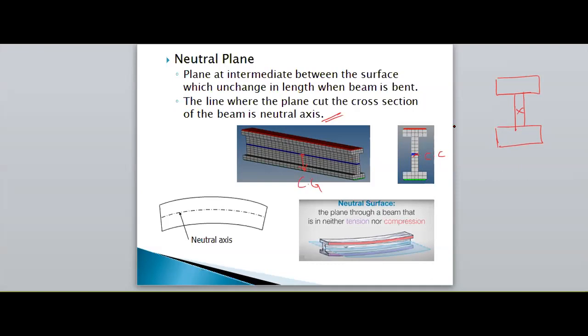So here, this side area has one centroid, and this side area has another centroid. We have two centroids on the two sides of the areas. While joining these two centroids, we will get an axis. That axis is called the neutral axis.